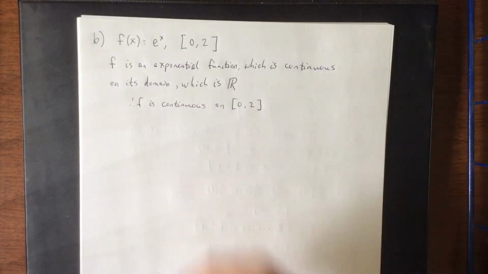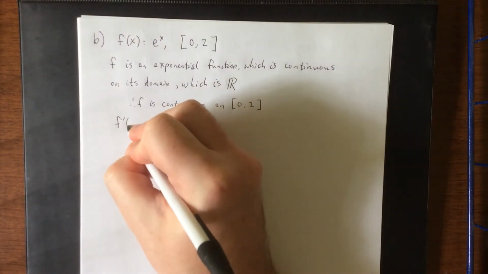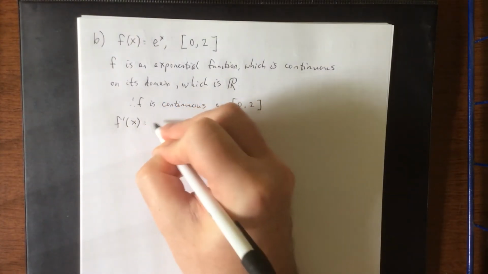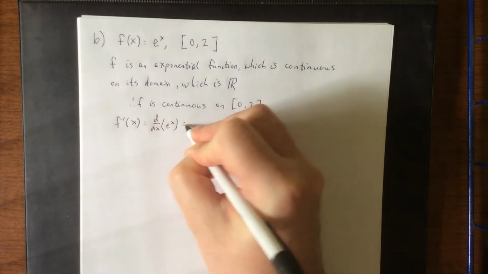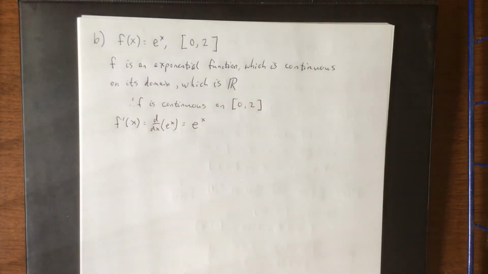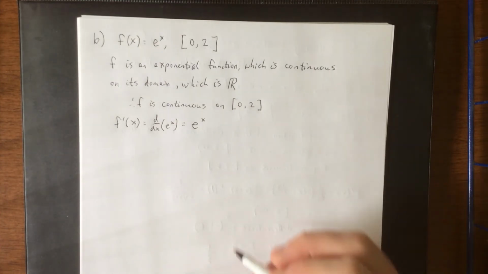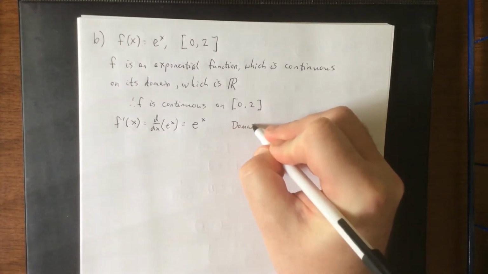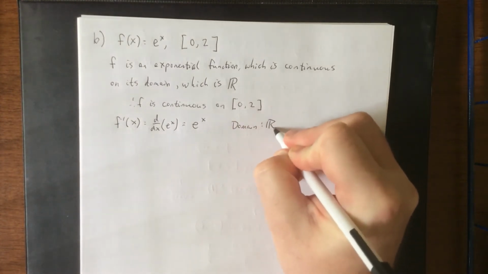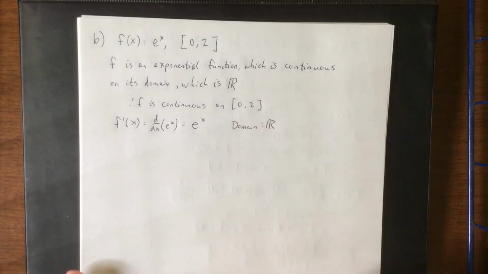So no problem there. When we take a derivative of this function, I'm about to take the derivative of e to the x, I'm just going to get e to the x once again. It's one of my favorite things about the function e to the x that it is its own derivative. The domain of this exponential function is the same as the domain before because it's the same function.